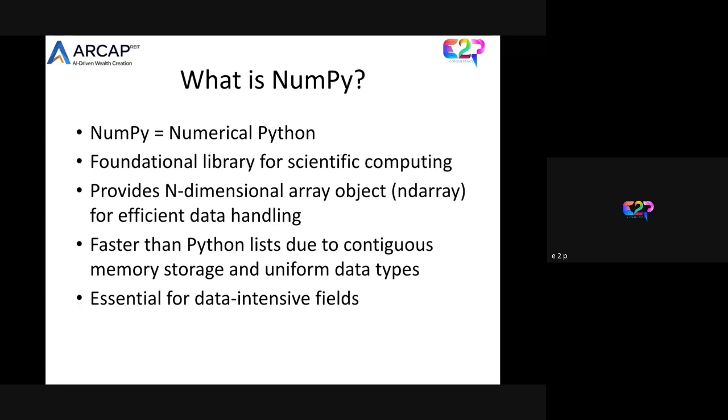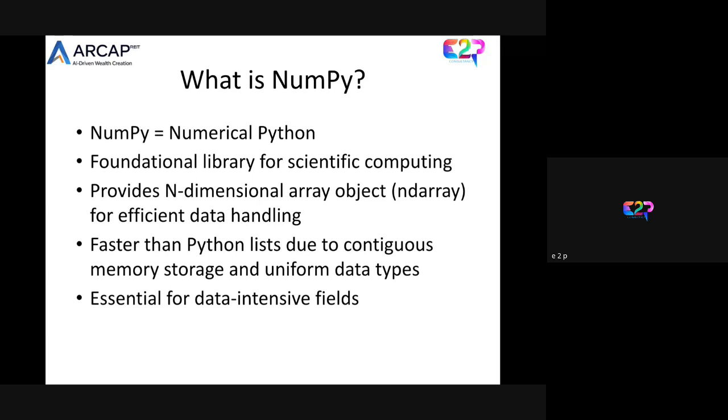But coming to the NumPy array, the basic thing is that all the elements should be of the same type, like all integers or all floats or all strings.